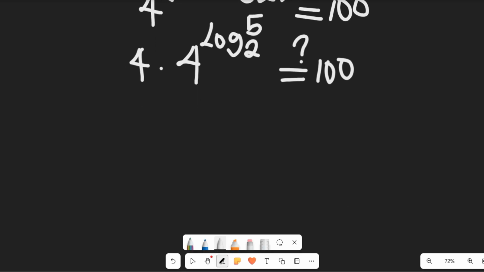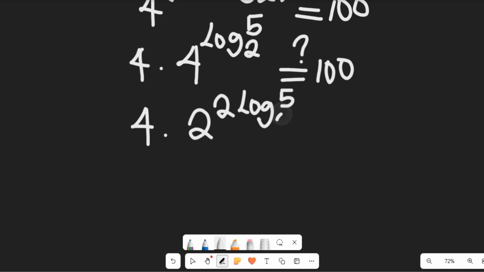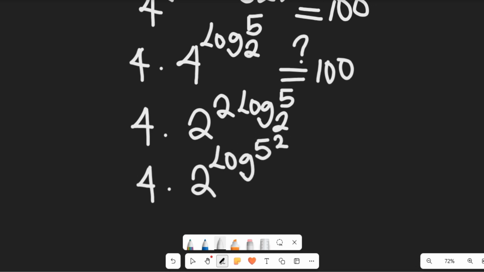If we look at this very well, you'll come to see that this is going to give me 4 multiplied by 2 to the power of 2 multiplying the log of 5, is what? Is 2. Now, from the law of logarithm, I can simply simplify this, and this is going to give me 4 multiplied by 2 to the power of log of 5 squared base what? Base 2.